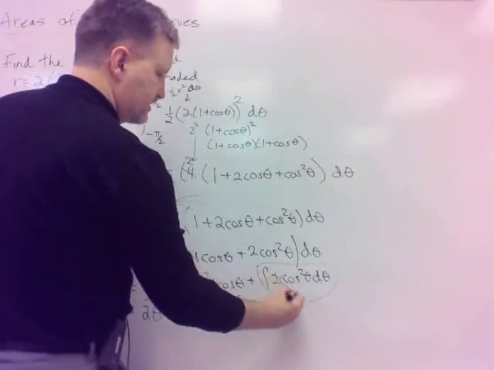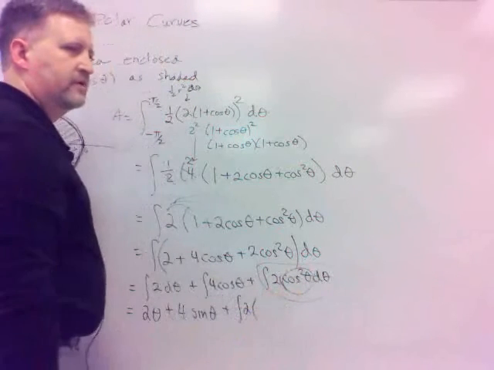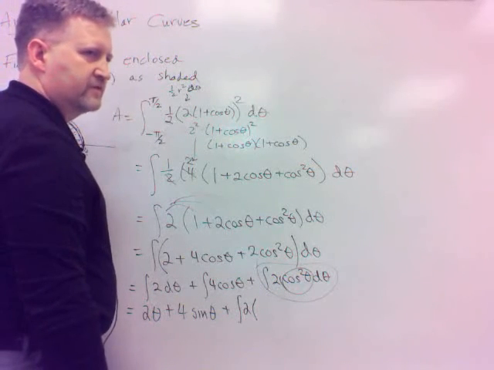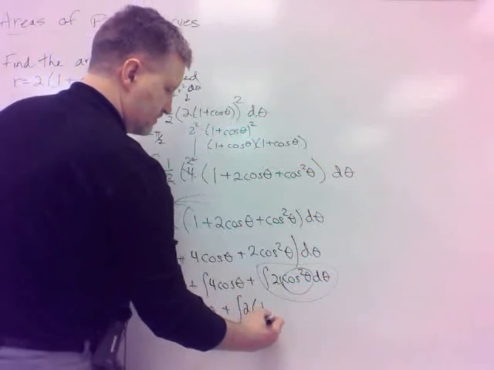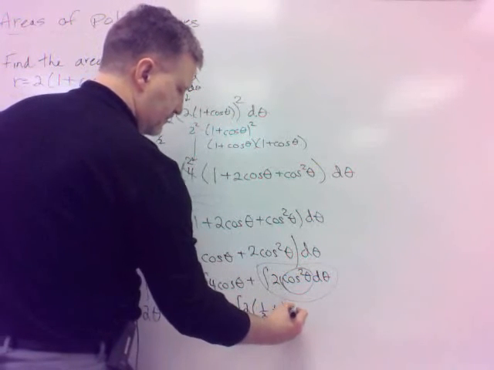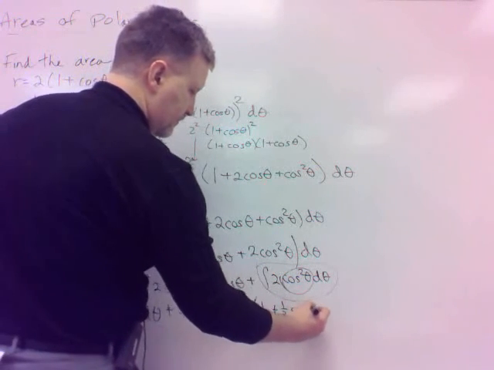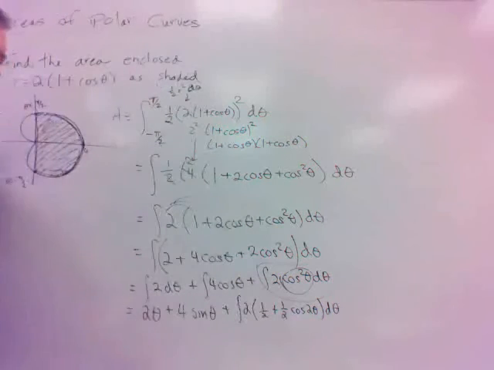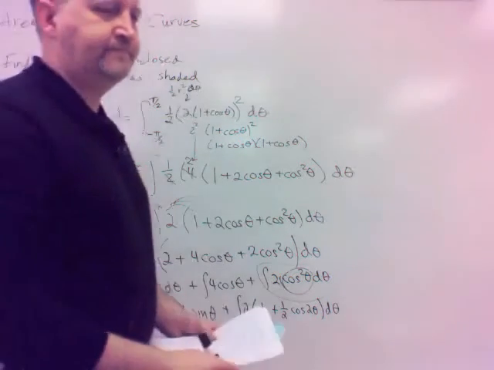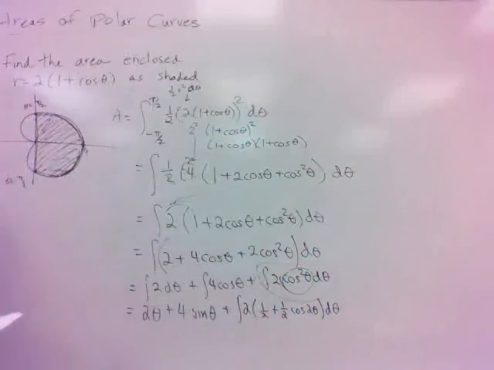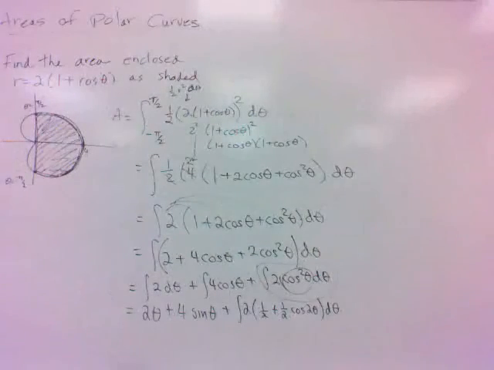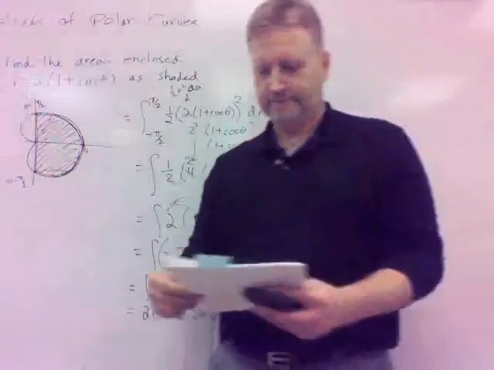Change the cosine squared by double angle. What was it? 1/2 plus 1/2 cosine 2 theta? Is that right? I think that's the way it all worked out. Does that sound right? Anybody believe that? Before I go on? Oh, I got it right here.